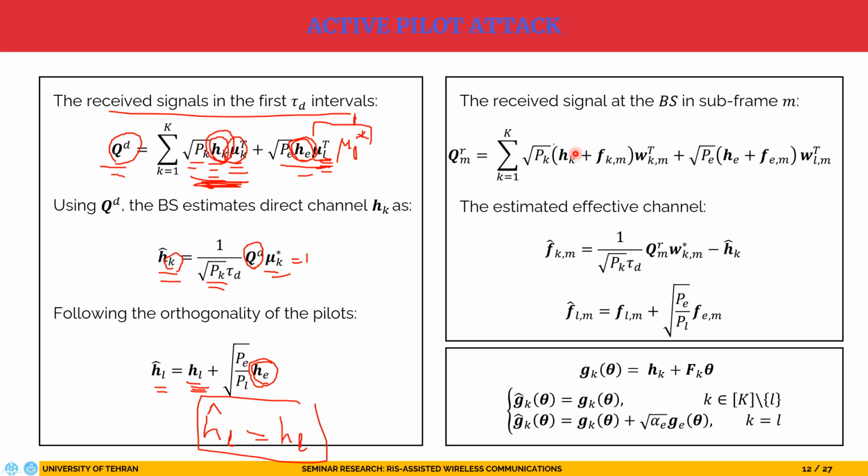So we have two channels here for user L, and this is the actual channel, and this is the active eavesdropper channel. So again, instead of just sending the signal to user K, the signal is also transmitted to the active eavesdropper. So the attack is also complete.